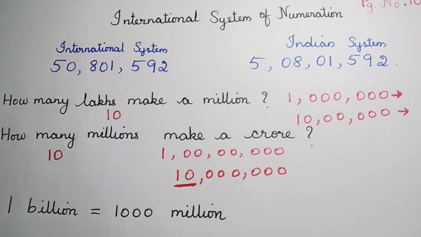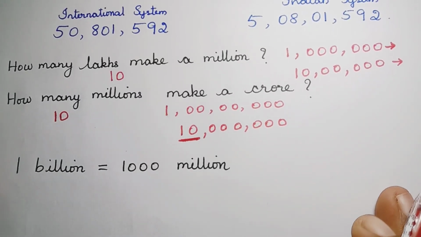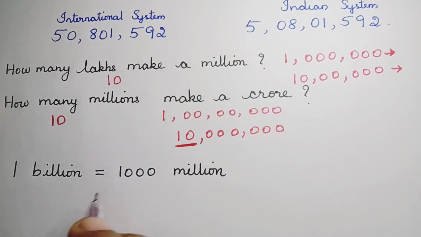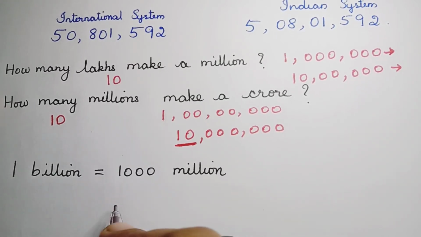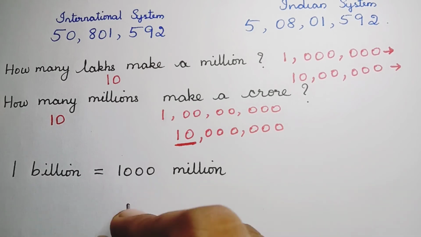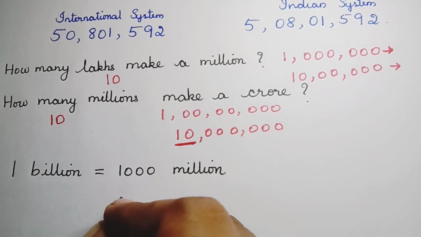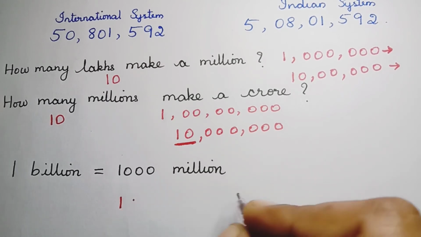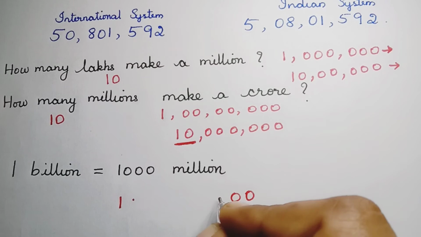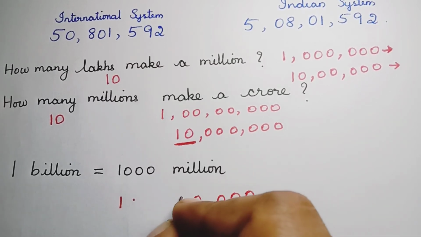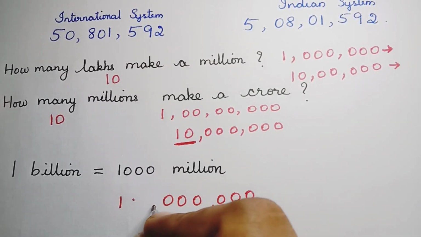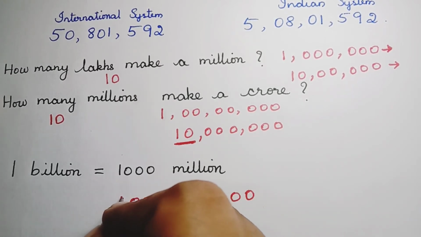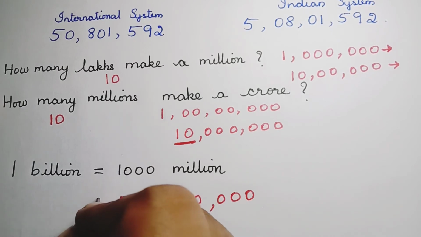The next question is 1 billion equals how many million. Do you understand what they are asking? So I will write 1000 million, and then what is 1 billion. We will write from here: ones, tens, hundreds, 1000, 10,000, 100,000, million, 10 million, 100 million, 1 billion.